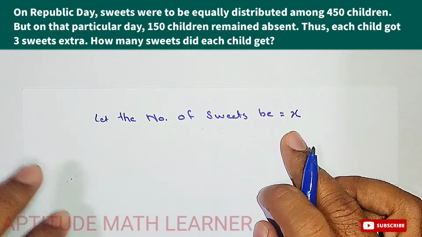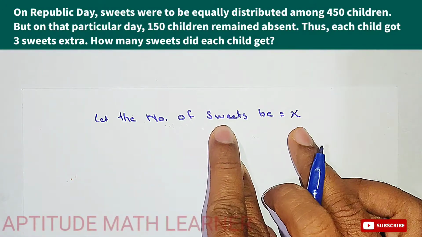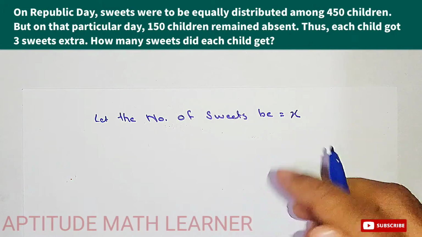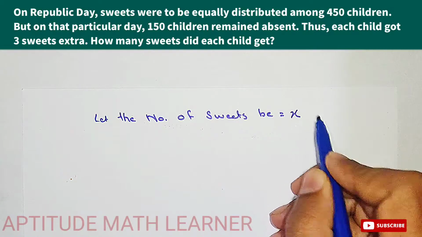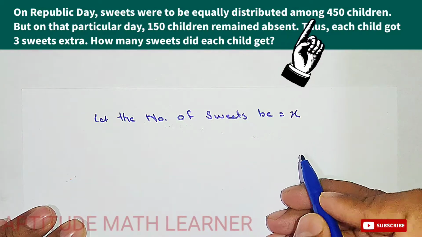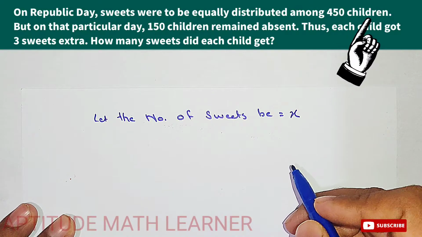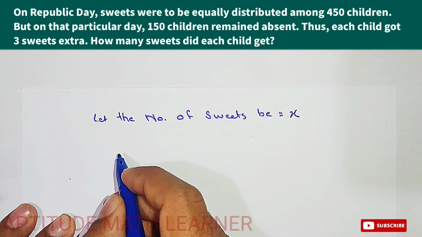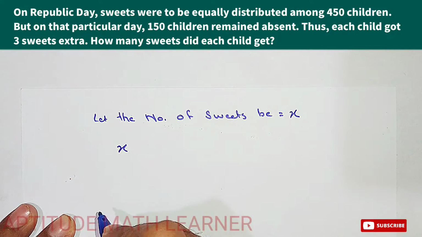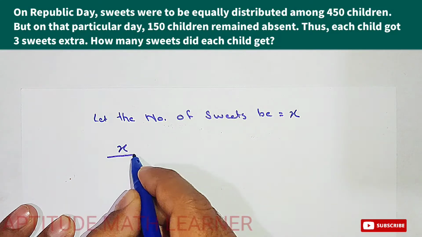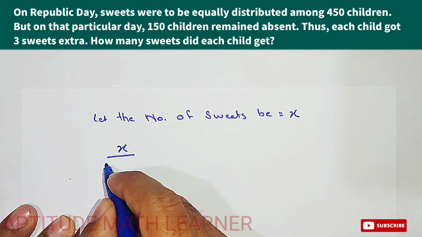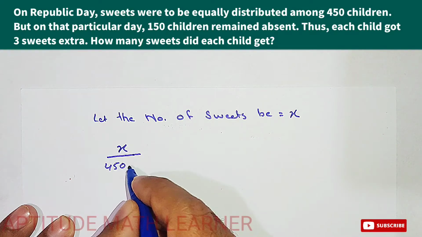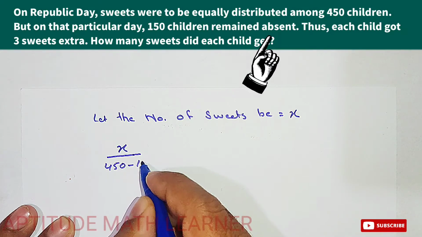We have just taken the number of sweets as x, and the first thing was that these sweets were to be divided among 450 children, but unfortunately 150 children were absent.